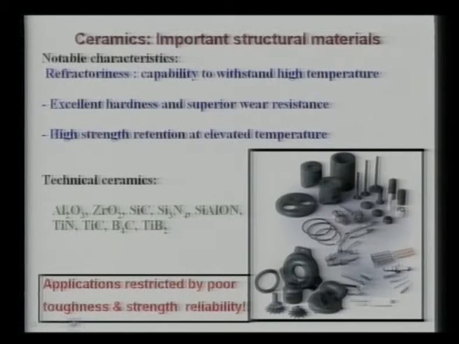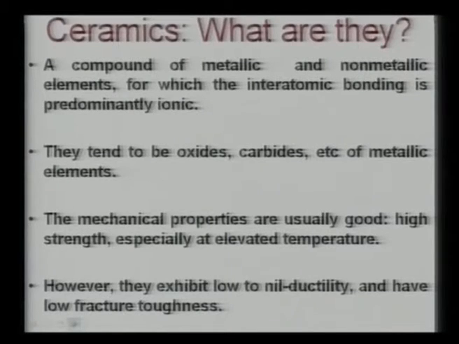Now the third important primary class of materials is ceramics. They have excellent hardness, much higher than metals, and some of the ceramics, alumina and zirconia, are extremely good for biomedical applications. Now the question is, what are ceramics? Ceramics are essentially compounds of metallic and non-metallic elements, where interatomic bonding is predominantly ionic.